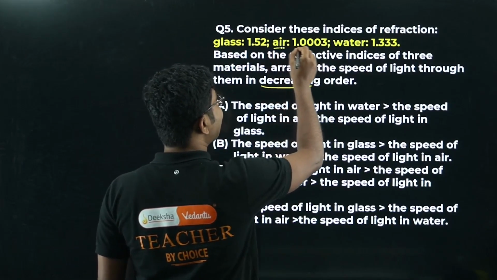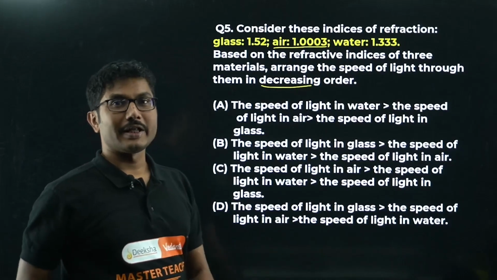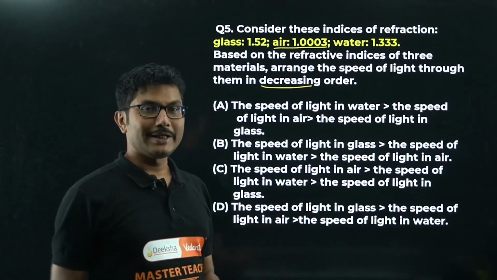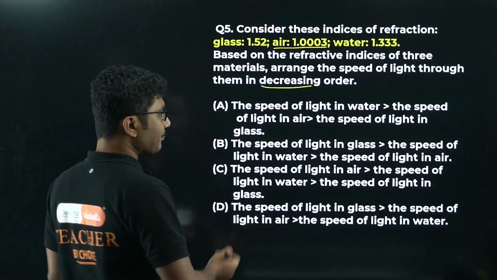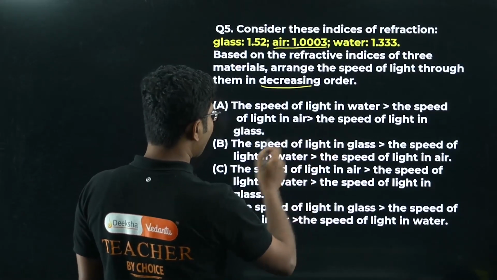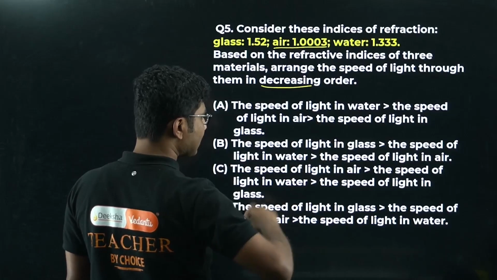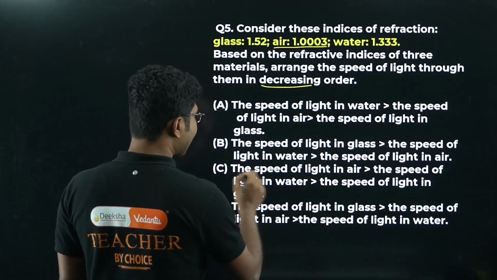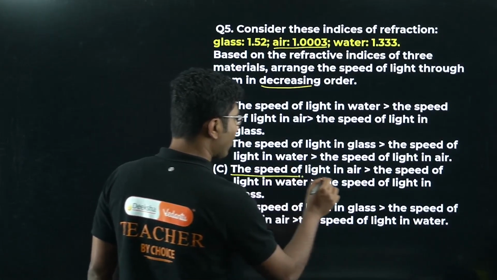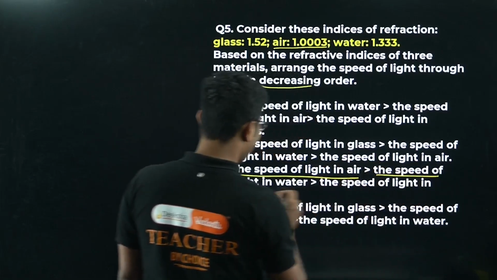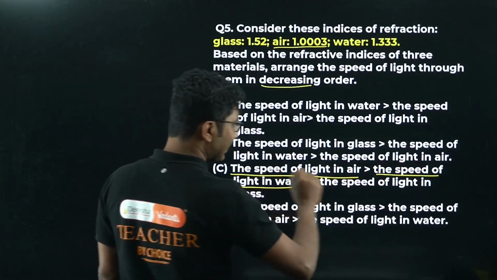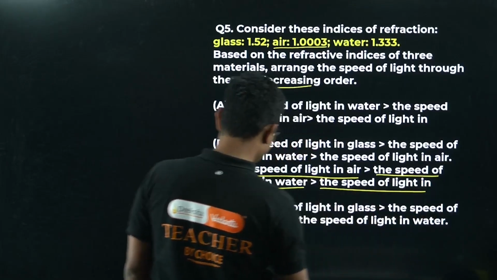So in this case, air has a refractive index of about 1. That means speed of light in air will be highest. So let's see. Only one case they have given where speed of light in air is greater than speed of light in water, which is greater than speed of light in glass.